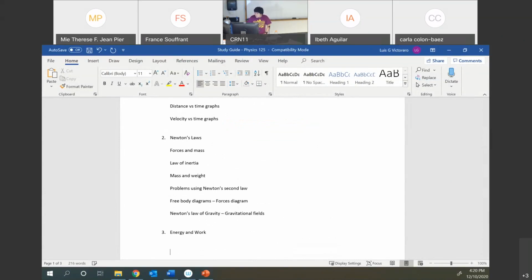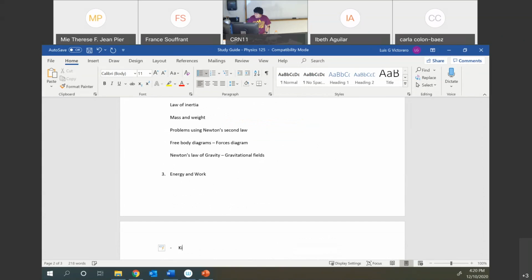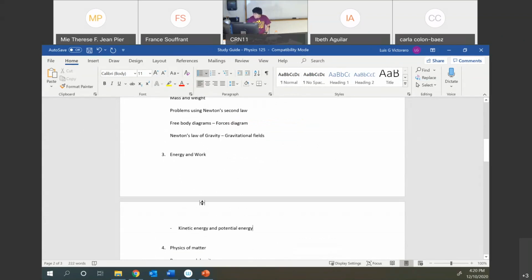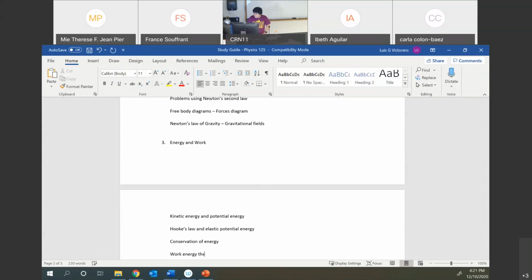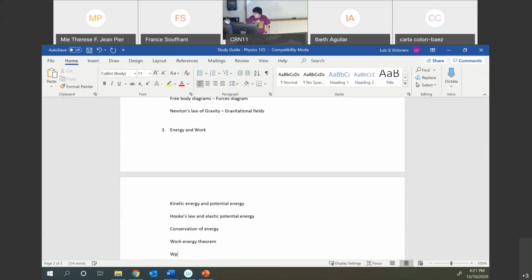What you need to focus on here is kinetic energy and potential energy, Hooke's law and elastic potential energy, conservation of energy, the work energy theorem, work and power.